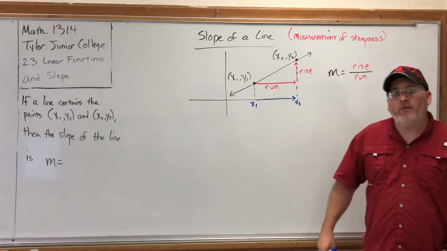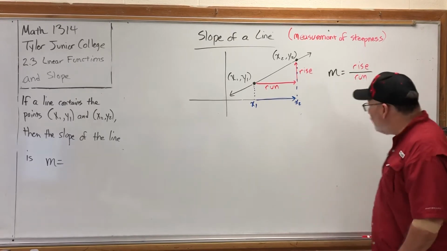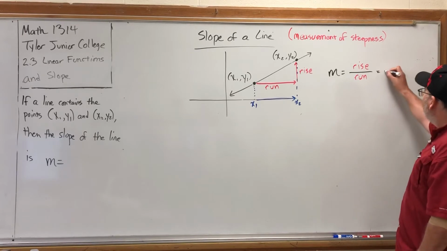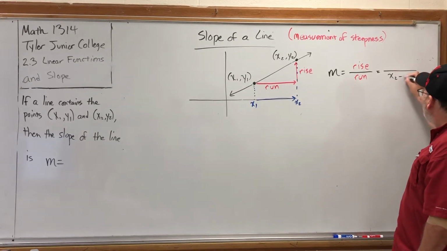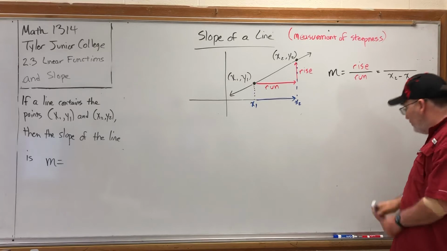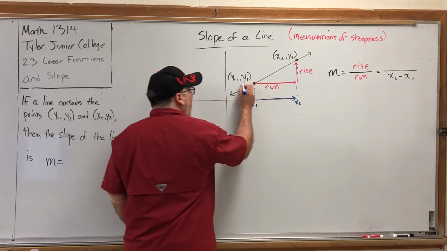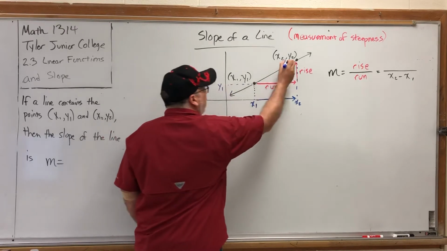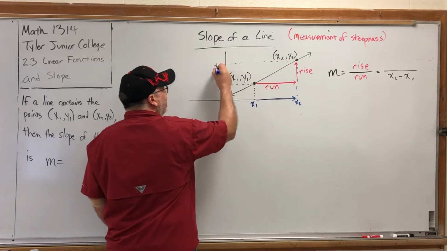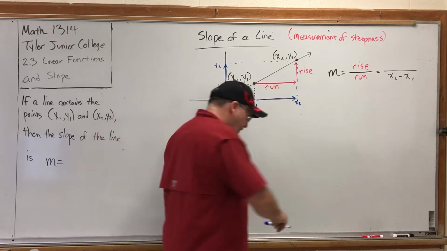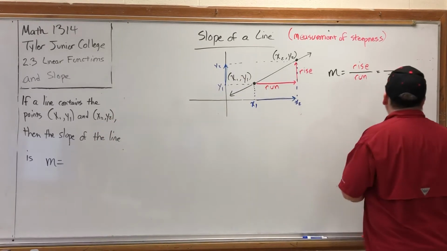And to find how far apart they are, we can just subtract them. So in other words, to calculate the run, we can take the second x and subtract the first x. Using a similar argument, except projecting the points onto the y-axis, we could calculate the rise by simply subtracting the y's. Second y minus first y.